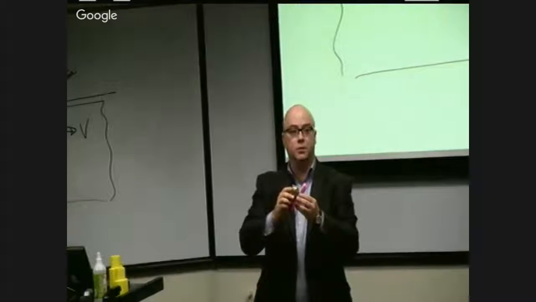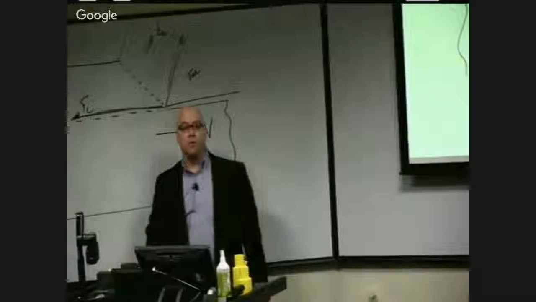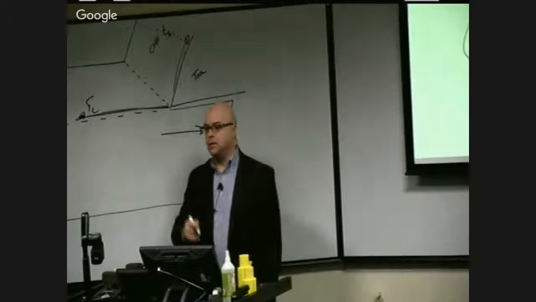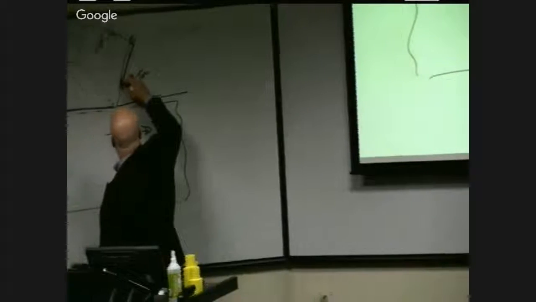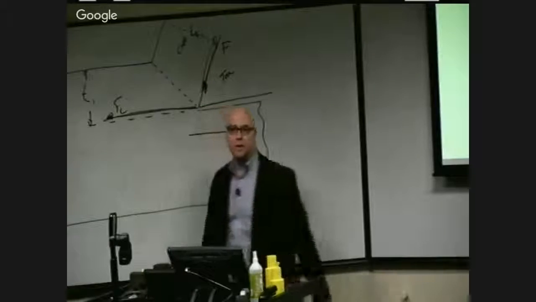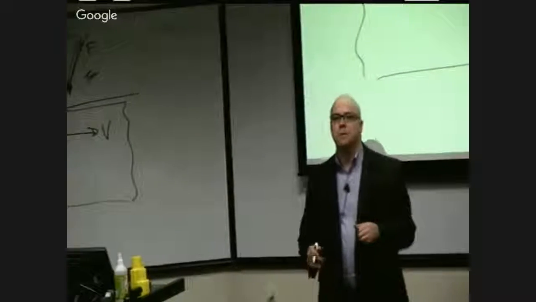There's a friction force because that chip is sliding along the edge of the tool, right? So I have a friction force. It's acting in what direction? Opposite the direction of motion. So there's at least a friction force here. We'll call that F. Amazing. What else is going on?